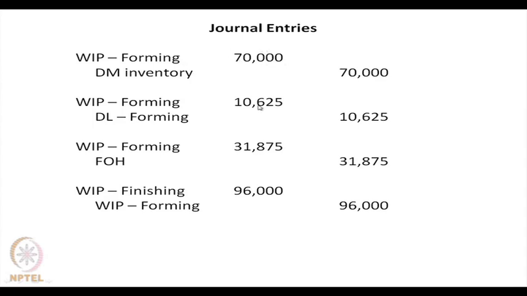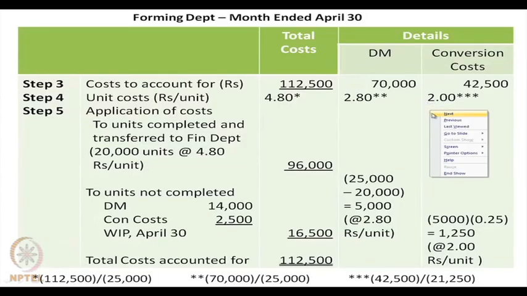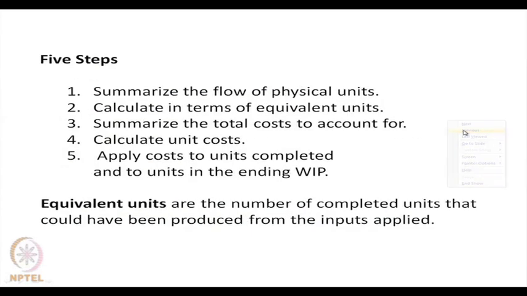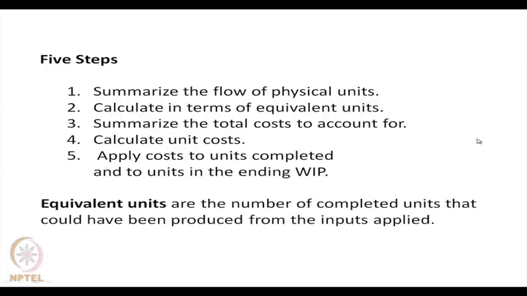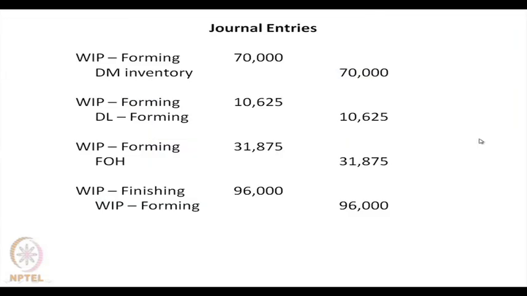The labor charges and the overhead charges in the forming department, look here, the direct labor charges and the factory overhead cost in the forming department in April were 10,625 and 31,875. That is what we have written down here.